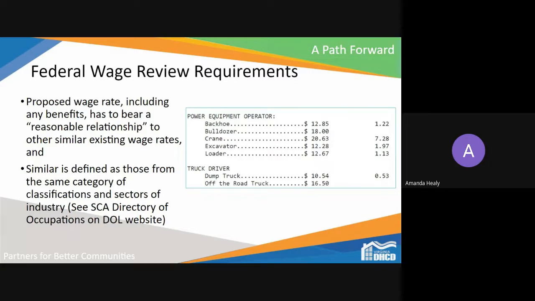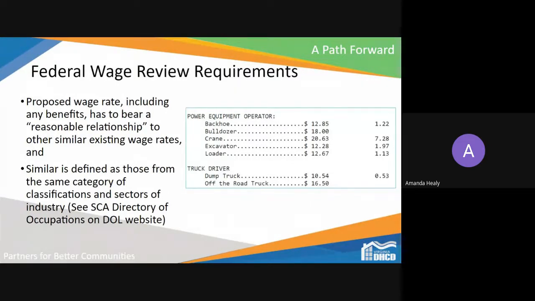So let's take what that means. When they're talking about category of classifications, they're talking about the information that's in all caps. So in this example, it's power equipment operator and truck drivers. And then you have to look at whether or not the classification you want to add bears a reasonable relationship to other job classifications and the wage rates associated with them.